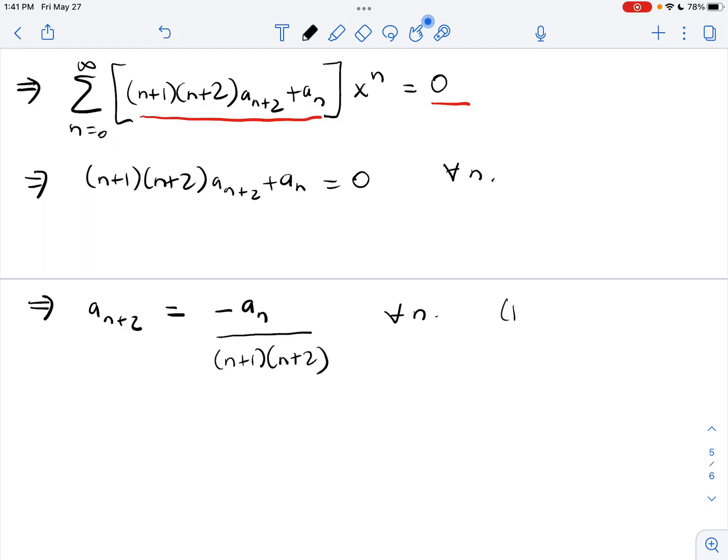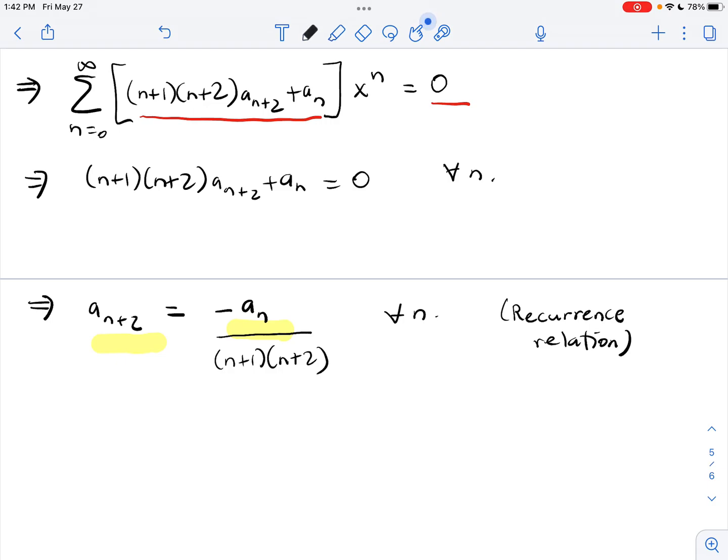So this has a name, guys. This is called a recurrence relation. In other words, this tells us that we can always determine any term, n plus 2, by looking at what we get 2 terms before it. As long as we know, for example, if we knew that a0 was 5, then that would mean we could find a2 by just plugging it into here and then seeing what we get.